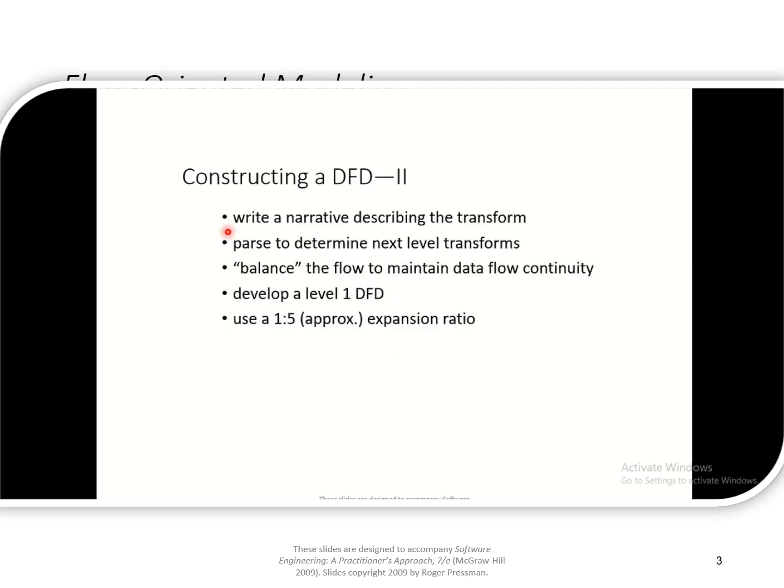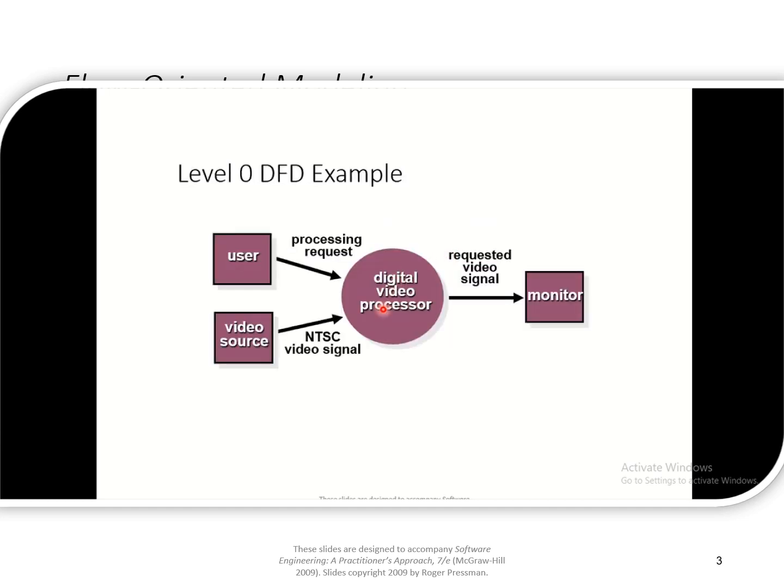Now coming to the subsequent levels of the data flow diagram, one can clearly see that we need to do a grammatical parse again in order to refine the context level diagram, or you can say in order to add more functionalities to the context level diagram. Like here you can see that the whole functionality is summed up in a single bubble.